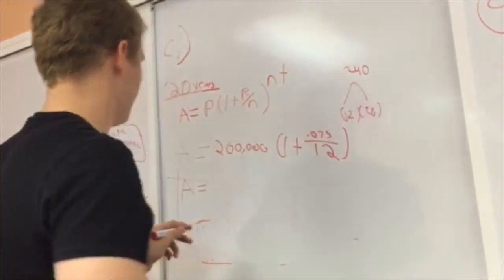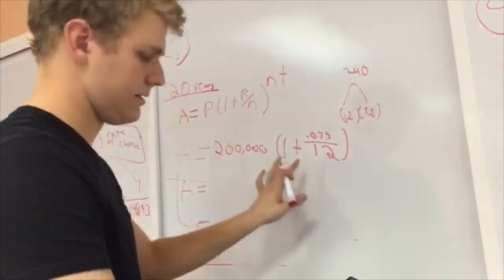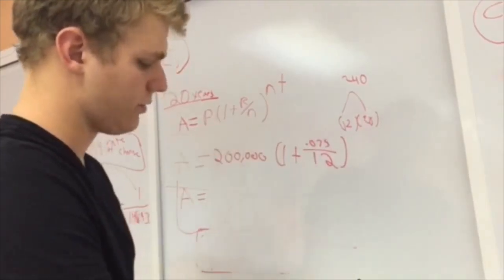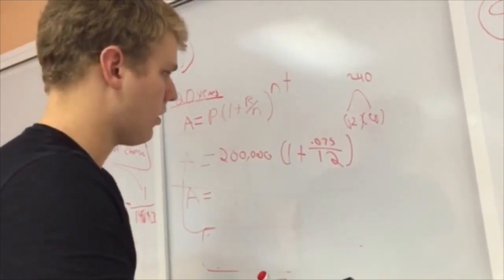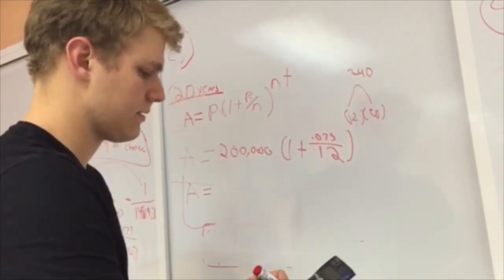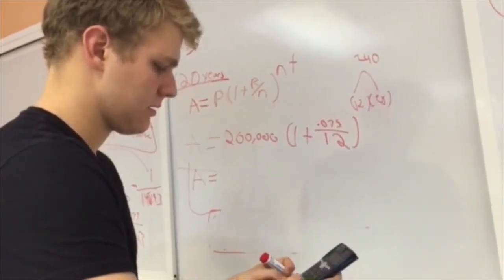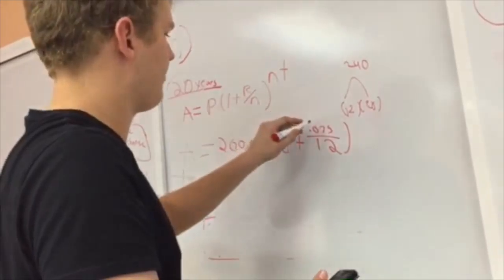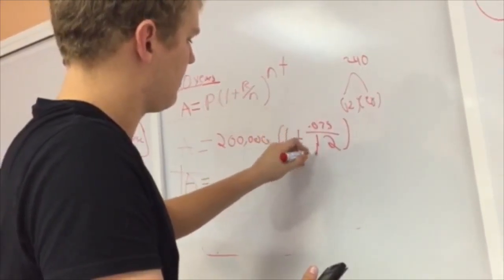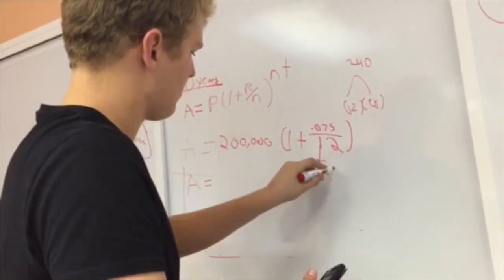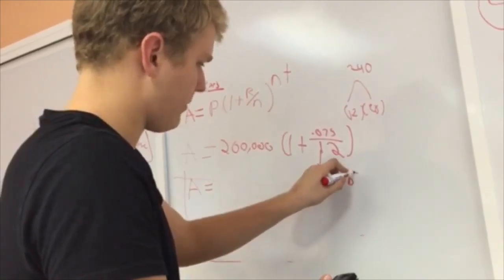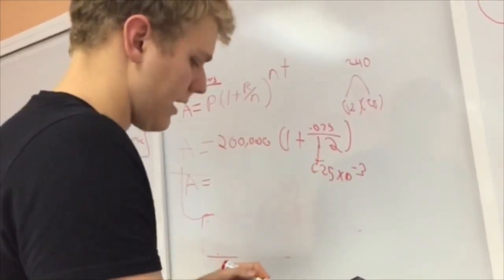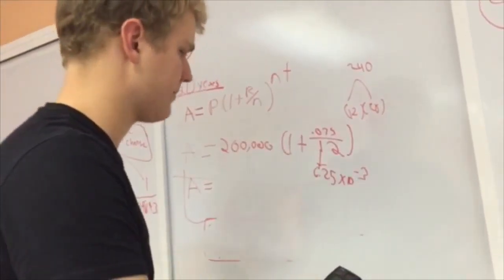After that, you're going to do this in the parentheses, divide 0.075 over 12, which is going to give you 6.25 times 10 to the minus 3, just add 1 because of the addition.